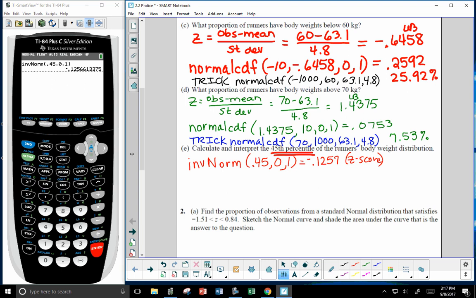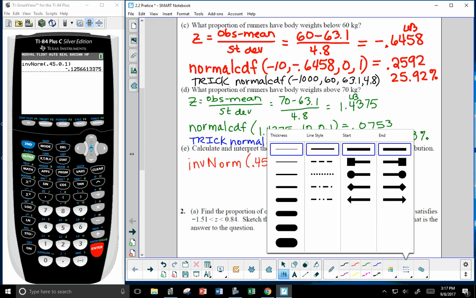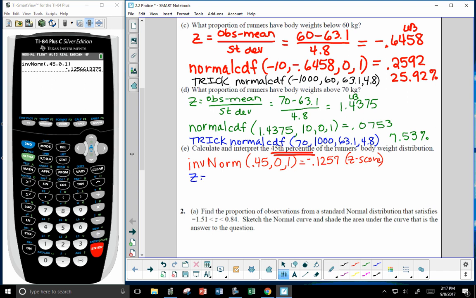So now I can just do some basic algebra and solve for x. So we want to take the negative 0.1257, multiply it by the 4.8, and then you want to add the 63.1, and that's going to tell me the actual weight that a person at the 45th percentile would be. Okay, so that gives us 62.4966.